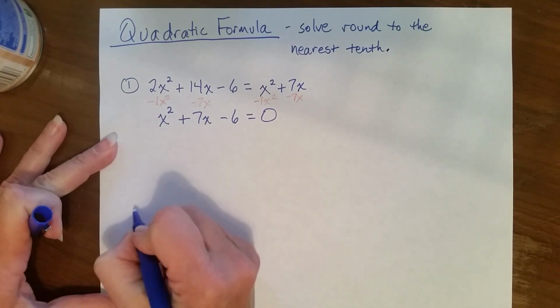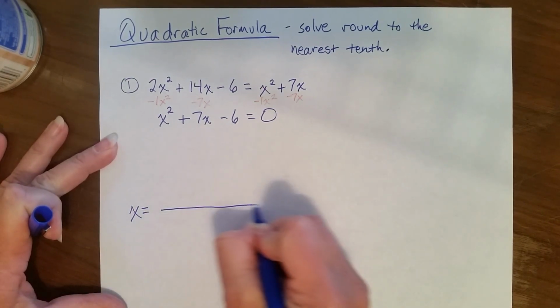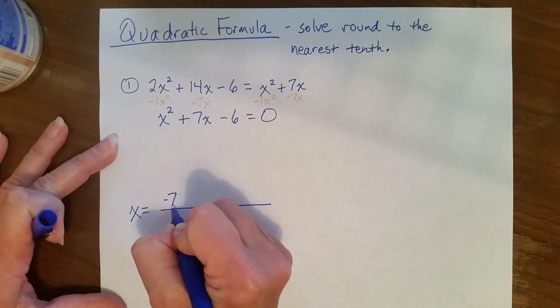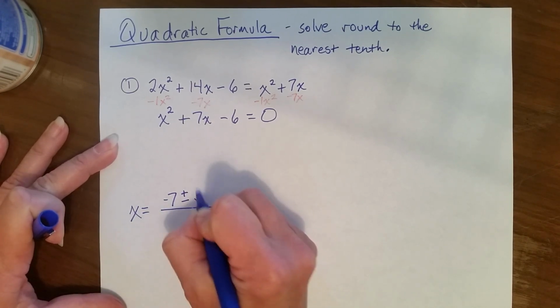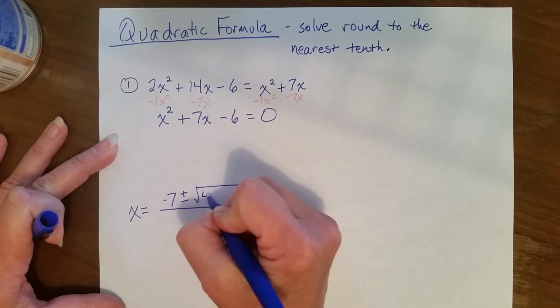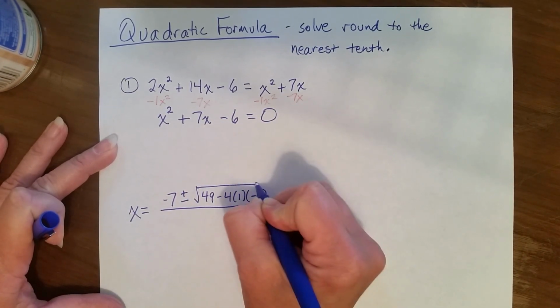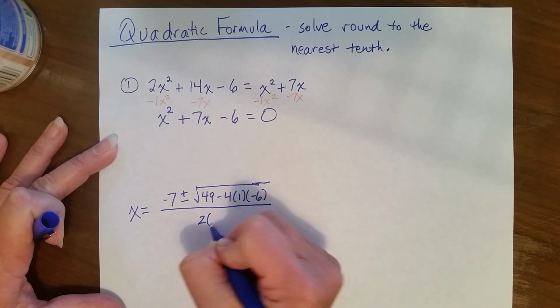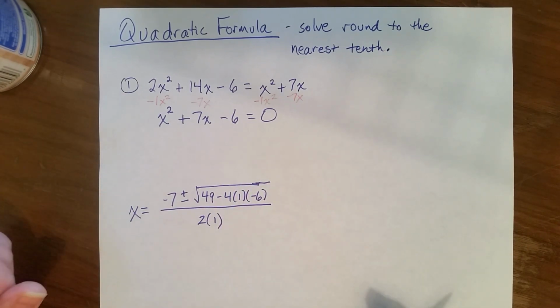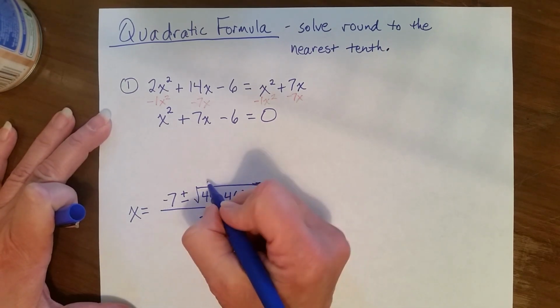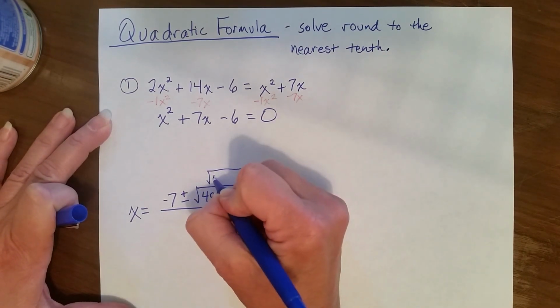Okay, now let's put this into the quadratic formula. x equals the opposite of b, plus or minus the square root of b squared minus 4ac, all divided by 2a. Okay, all right, here we go. So what do we have? We have, let's stair step this up, 49.